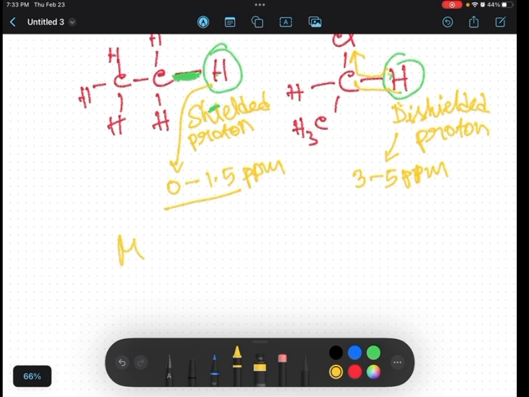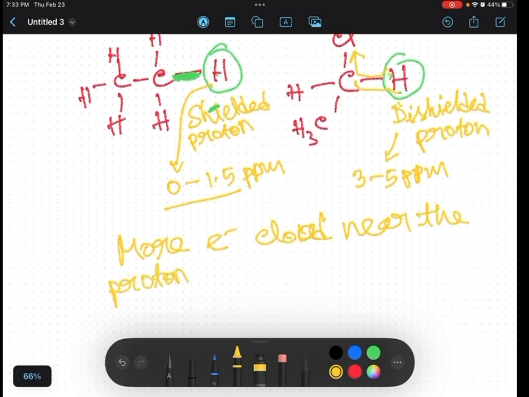Remember that, more electron cloud near the proton, you will see more shielding, or that is screening effect.